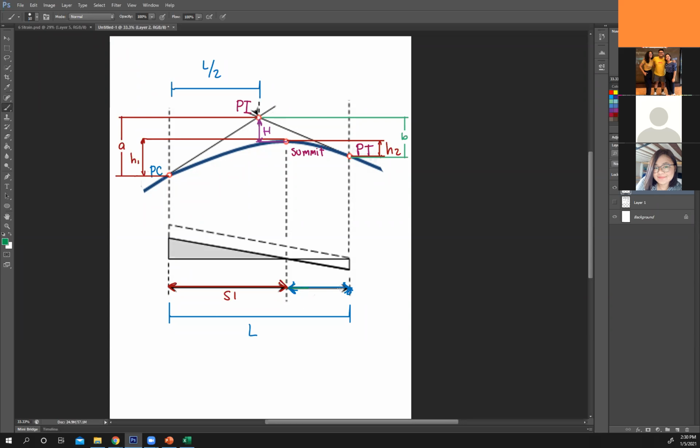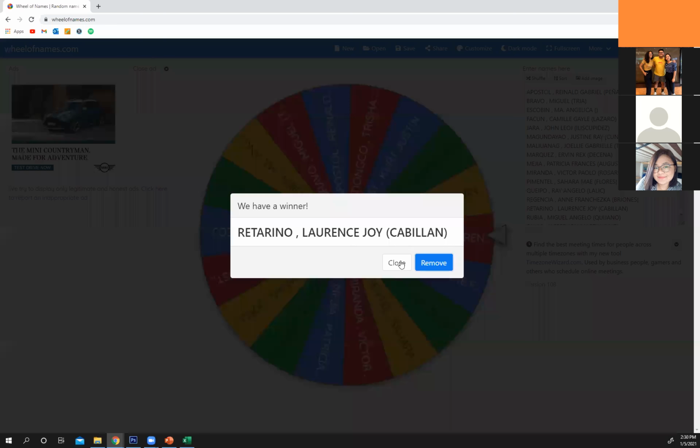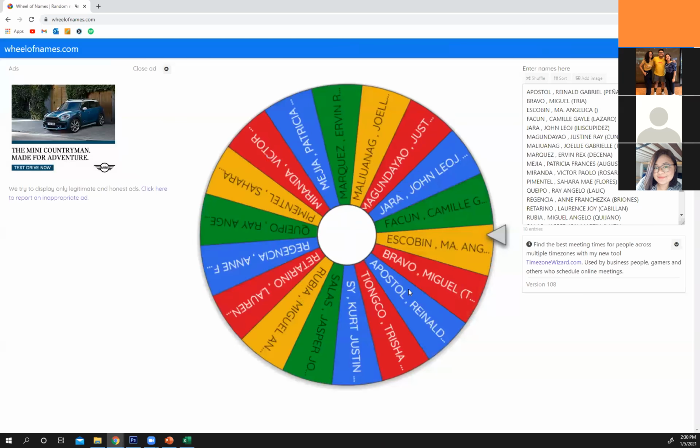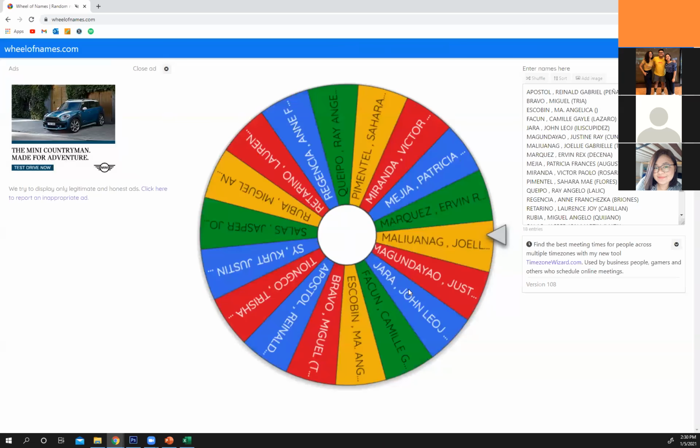Sure ka? Final answer? Opo, G2. Incorrect. Sorry, incorrect. It's not G2. Check mo ulit sa notes mo kung nakopya mo.